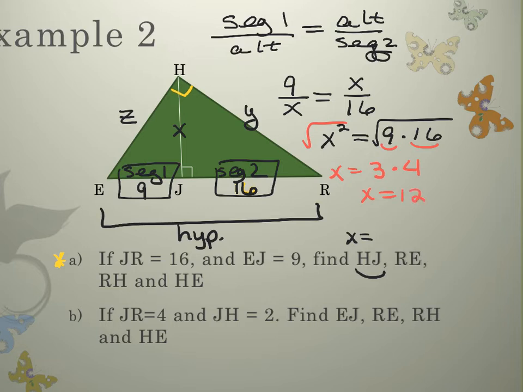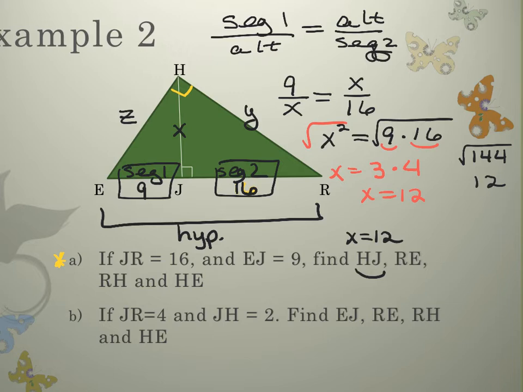If you chose to multiply 9 times 16, you would have gotten 144, and you could still take the square root of that to get 12. Keep in mind, on Friday's quiz, there is no calculator. So my advice to you is to keep it unmultiplied and break it down from there. It'll save time. So the length of HJ, or my altitude, is 12.